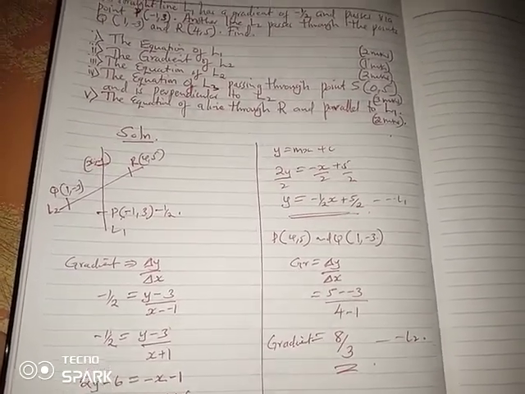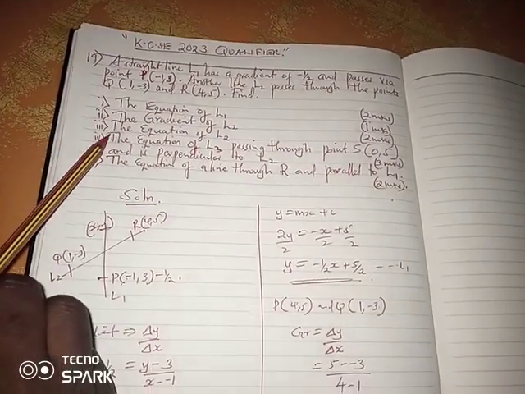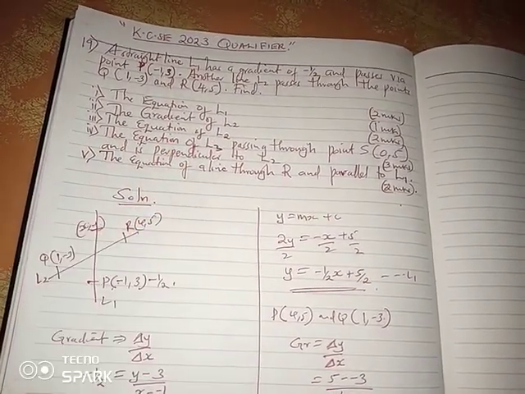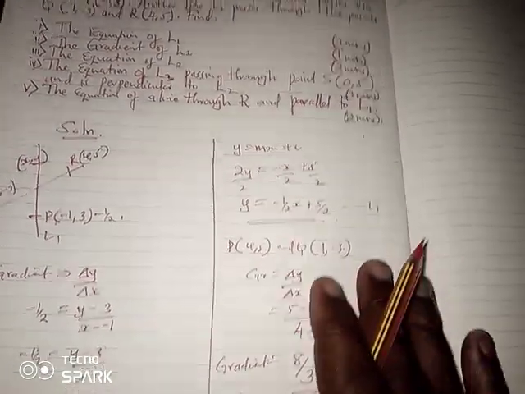Having done that, we can go to question 3, the equation of L2. Now that we have the gradient, let's use the other page.